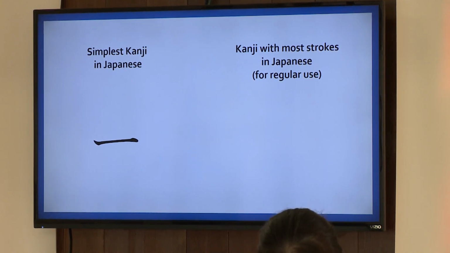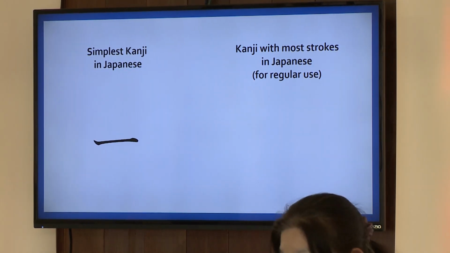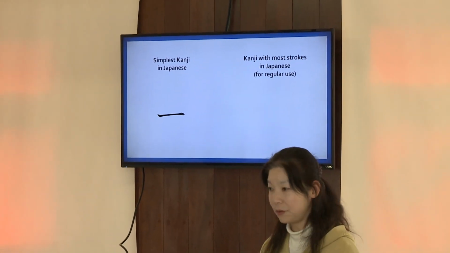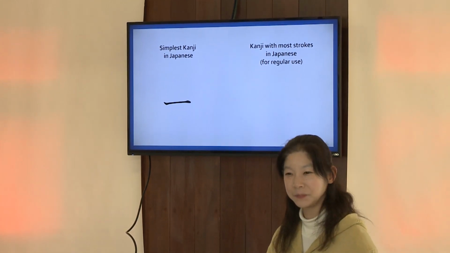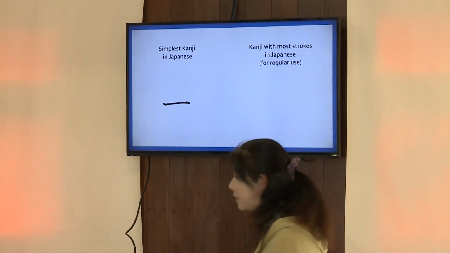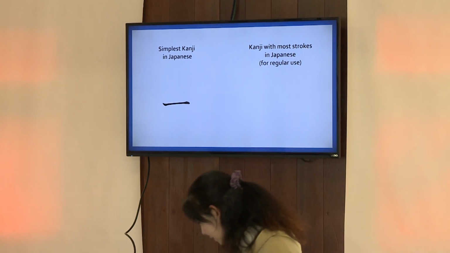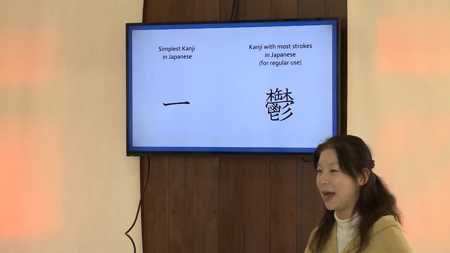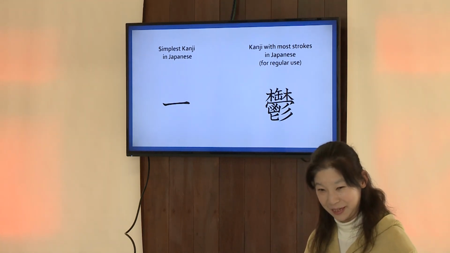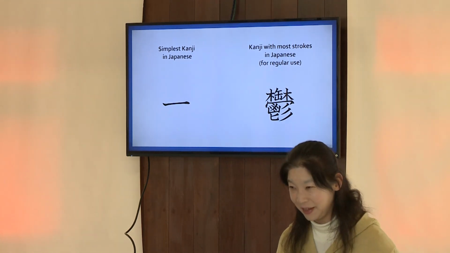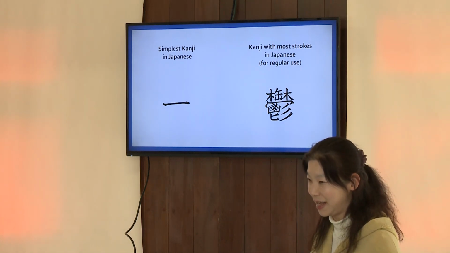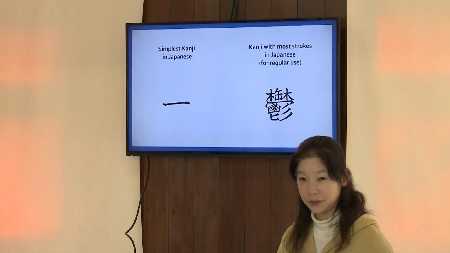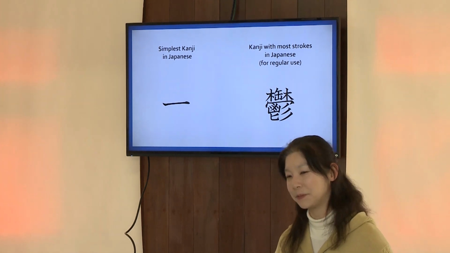And for the category of regular use, it's 2,000 characters. So what is the most complicated kanji? This is this one, which I've never written in my entire life, even though it is categorized as for regular use. And it means depression or depressed.